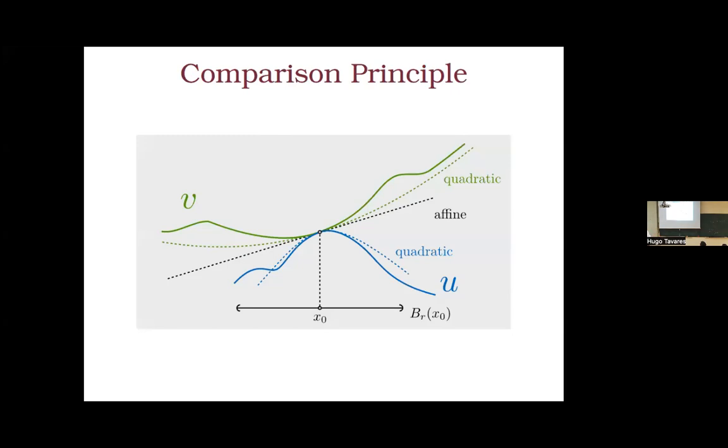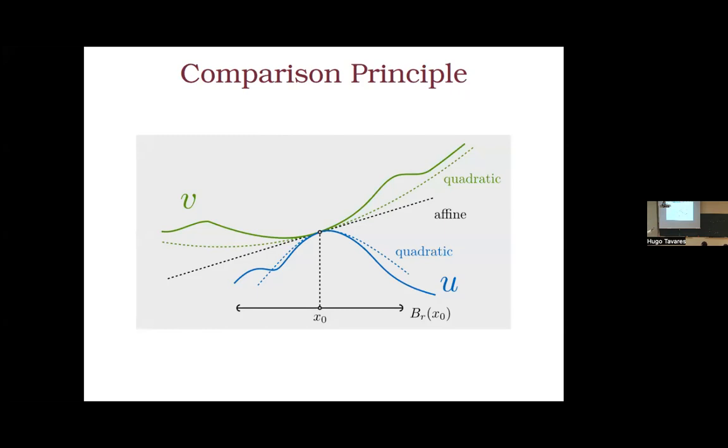Okay, so let me give you a quick overview of the classical viscosity solution theory, no? The main thing behind the viscosity solutions is the comparison principle. And here, the comparison principle is something that we learn in calculus 1. It's the first and second derivative test, no?